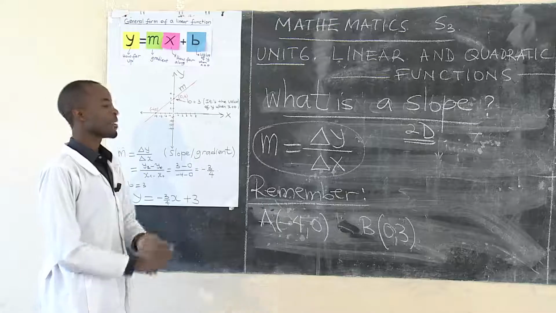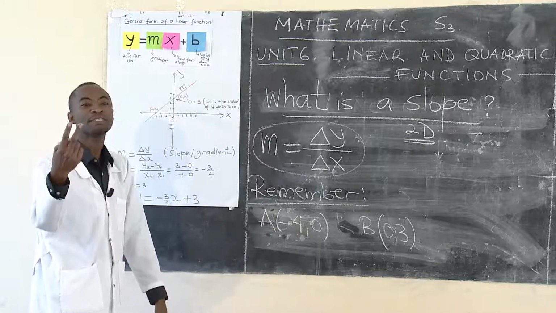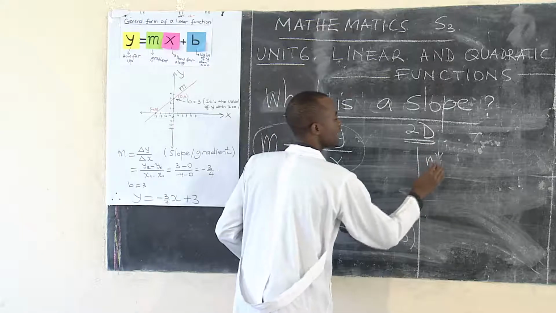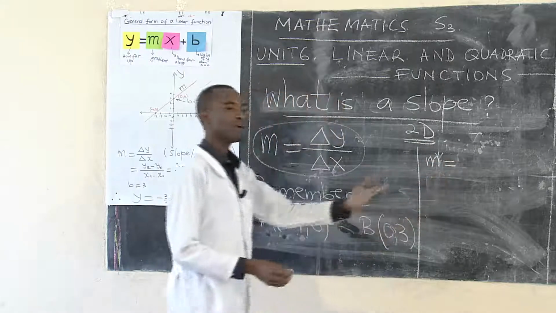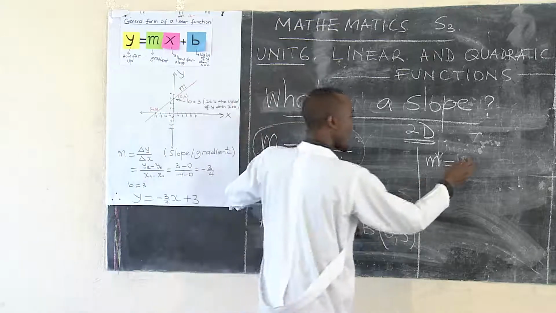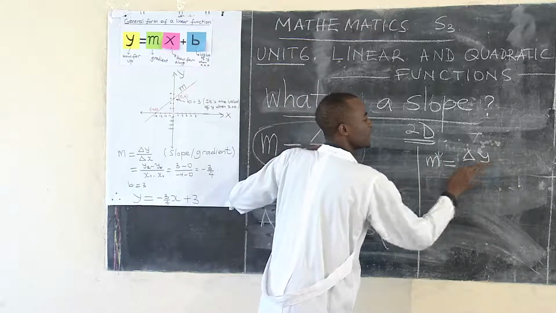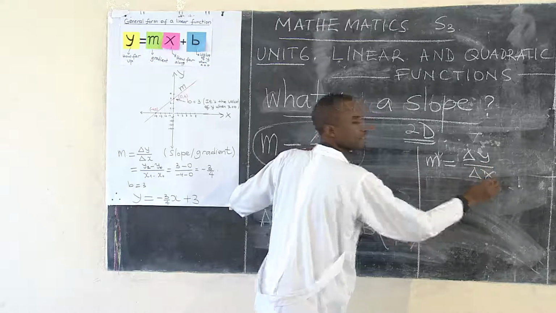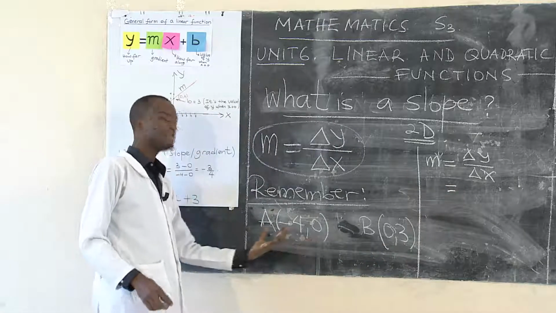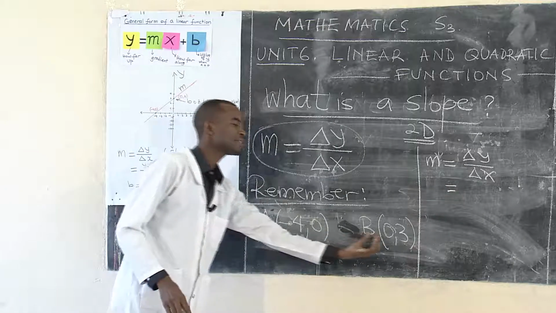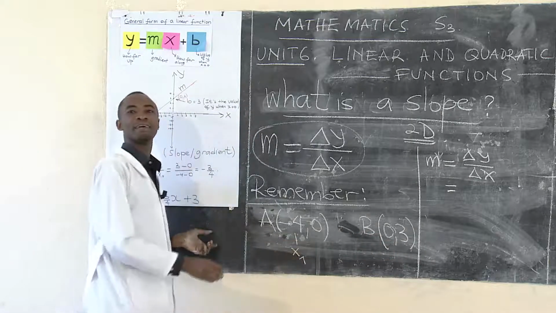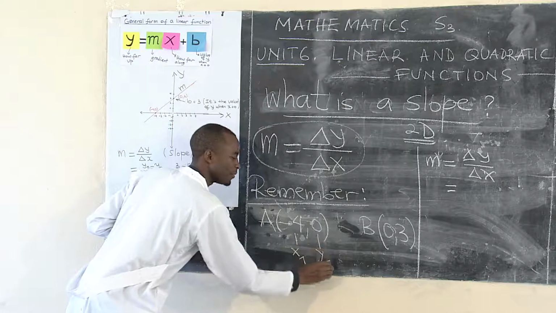You see? From here, if I have 2 points, it's easy for me to calculate the gradient. Remember, we have said the gradient is equal to the change in y over the change in x. What does it mean? I have to go here and see the first point and also my second point. I name this as x1 and this one as y1.